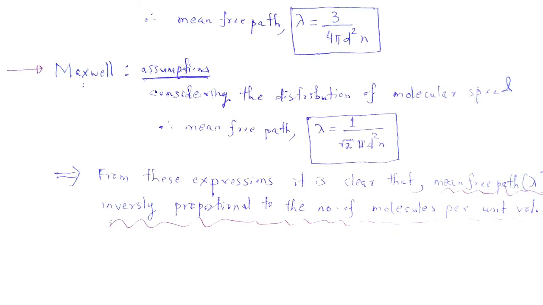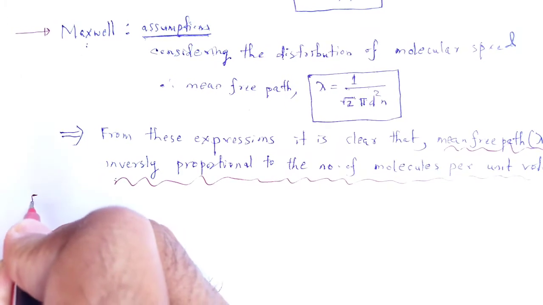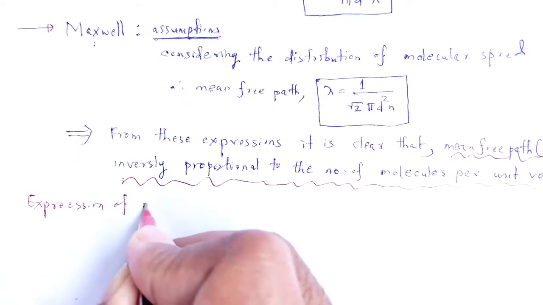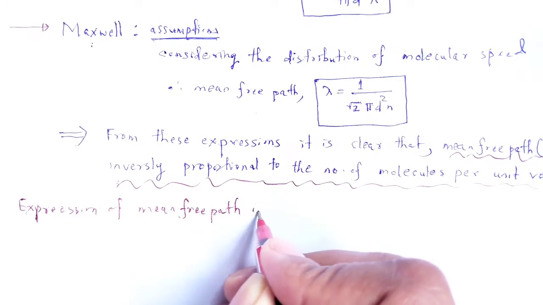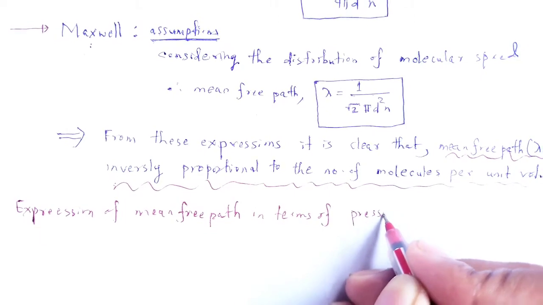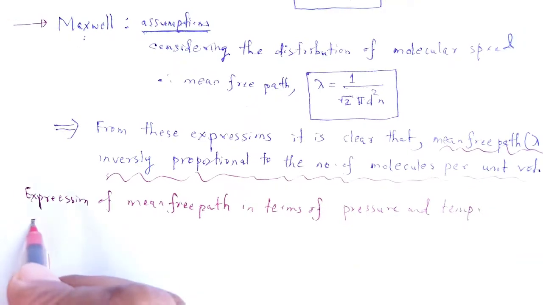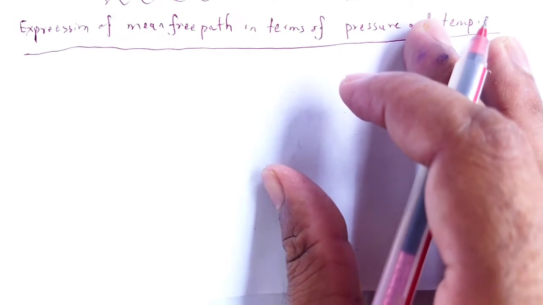Now, we can express the mean free path in terms of pressure and temperature. How do we express that?